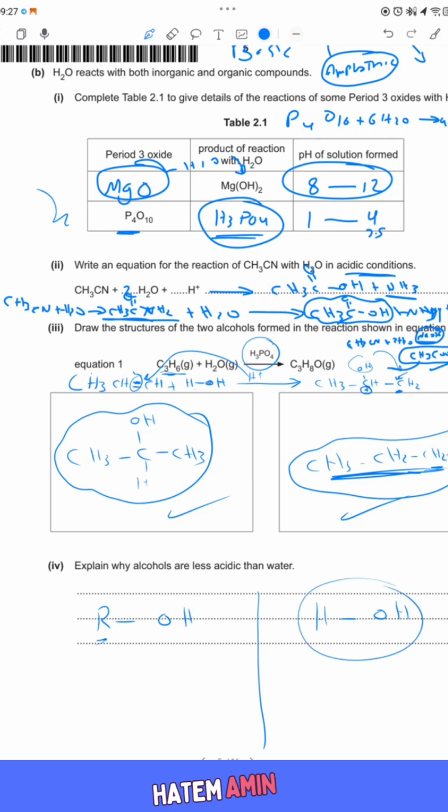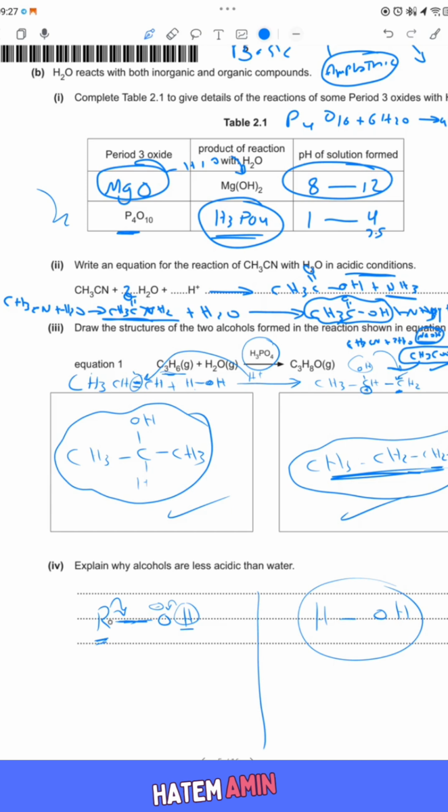Because here we have R, and this group is a donating group, so it has an inductive effect that increases the negative charge here, giving the oxygen more stability and more negativity, which attracts the hydrogen toward itself more than in water. So due to the inductive effect of R as an electron donor, it makes the alcohol's release of the proton a little bit more difficult than in the case of water.